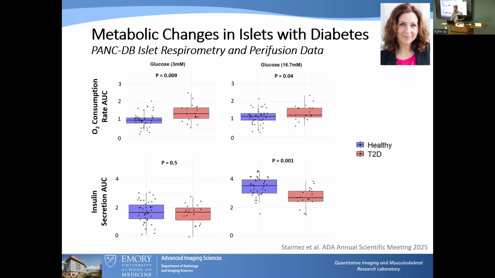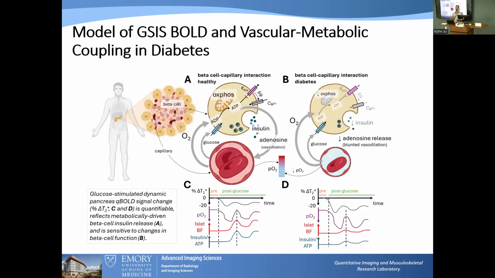So when we go back to that model that we were looking at, something that you might consider from those data is that oxidative phosphorylation to produce ATP is impaired. Perhaps there's uncoupling of the mitochondria, so you're using a lot of oxygen to make not a lot of ATP, which is something that definitely happens. This mitochondrial uncoupling happens in type 2 diabetes and other cell types.